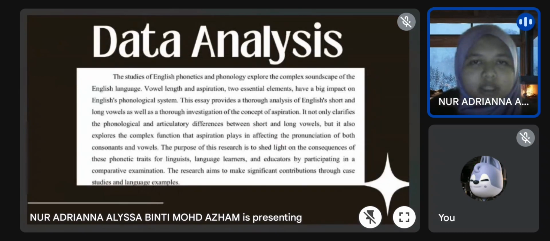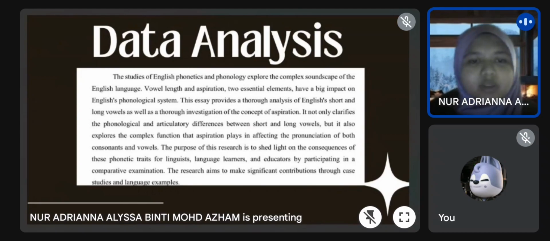So here is our data analysis. The studies of English phonetics and phonology explore the complex soundscape of the English language. Vowel length and aspiration, which are 2 essential elements, have a big impact on the English phonological system.